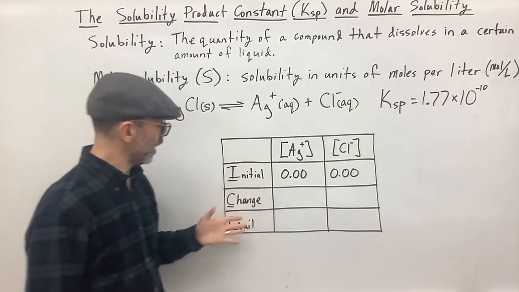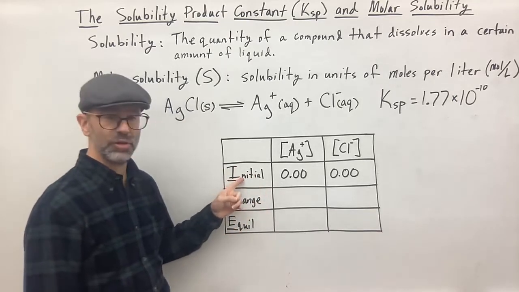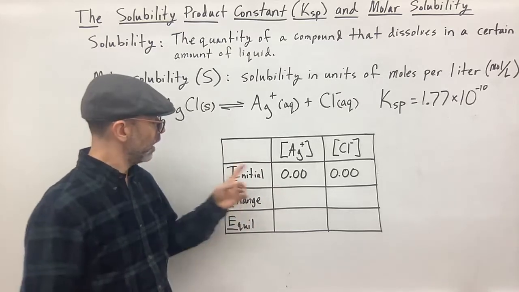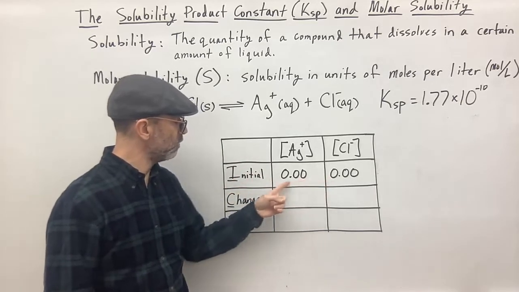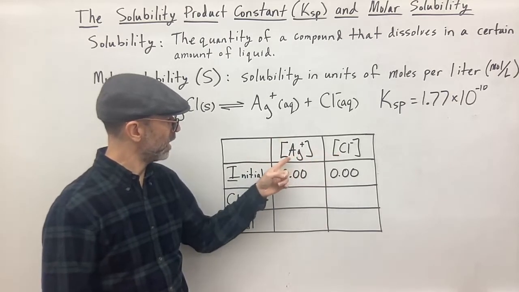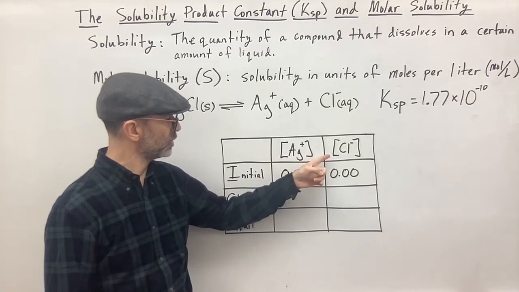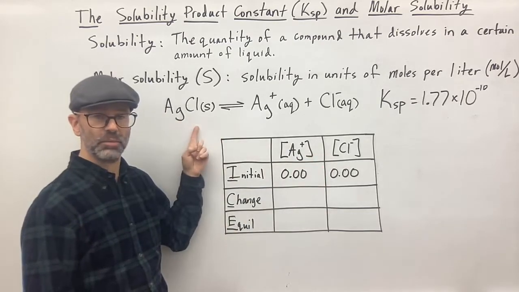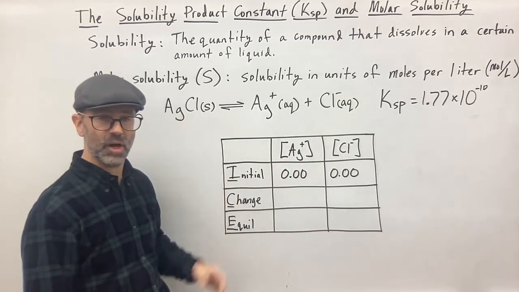And so using our ICE table, we can say, okay, so initially, when we throw our solid into the pure water, we're going to have zero of our ions, zero concentration. So here I have my silver ion concentration, my chloride ion concentration. Notice I don't have the silver chloride in my table because it's a solid and it's not involved.